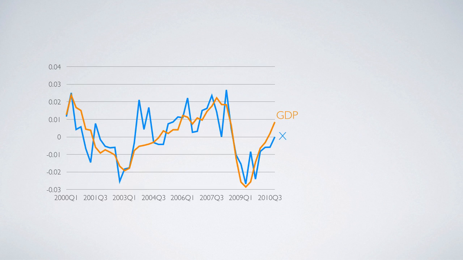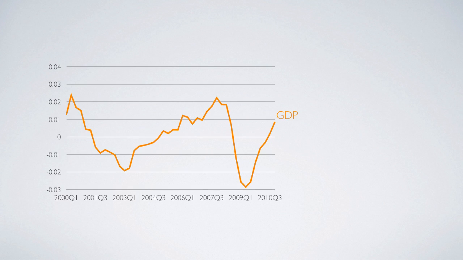You can see in this graph that the cyclical component of x moves together with the cyclical component of GDP, up and down in the same direction. If a variable's cyclical component moves with the cyclical component of GDP in this way, then we say that x is procyclical.